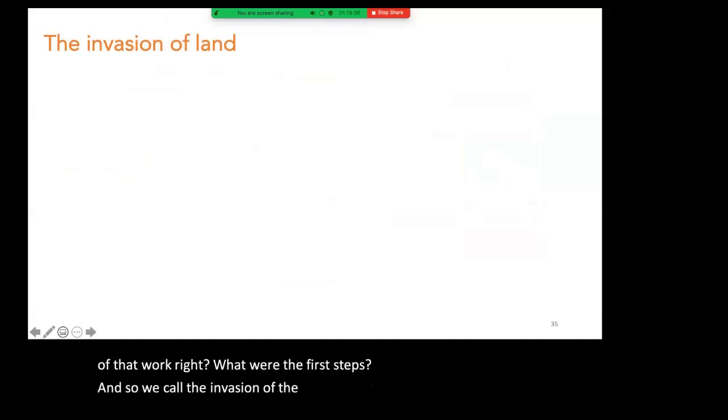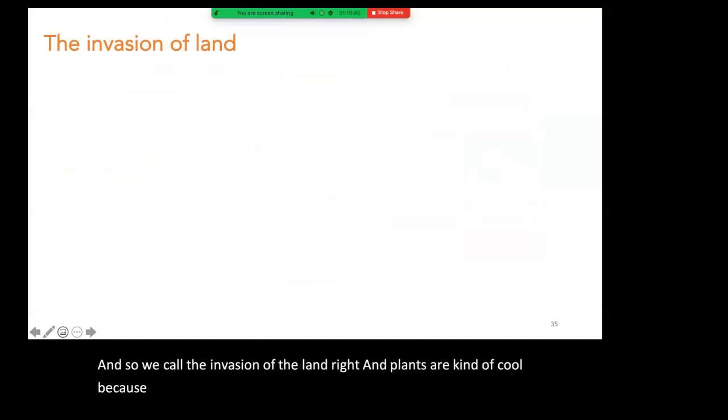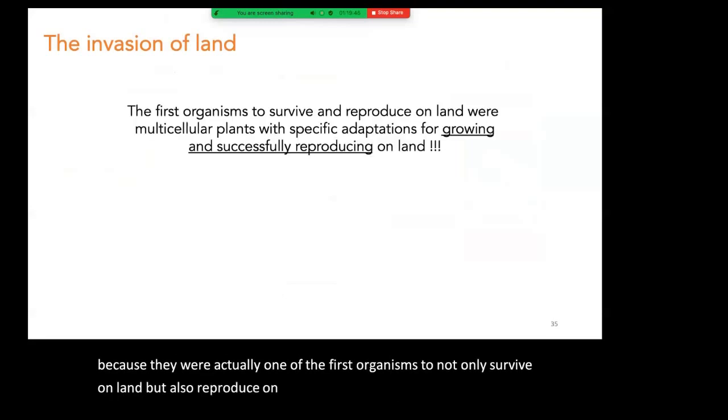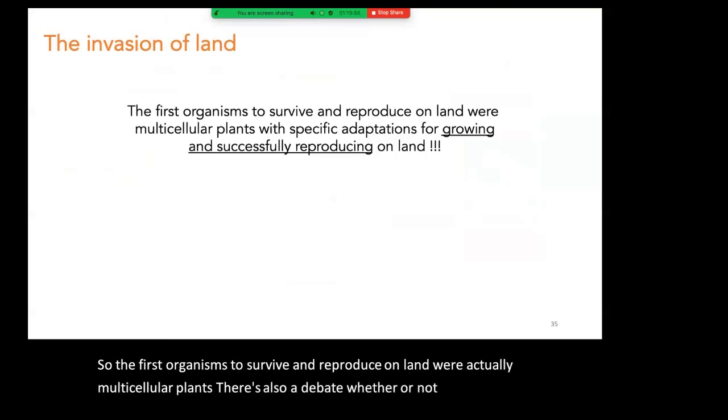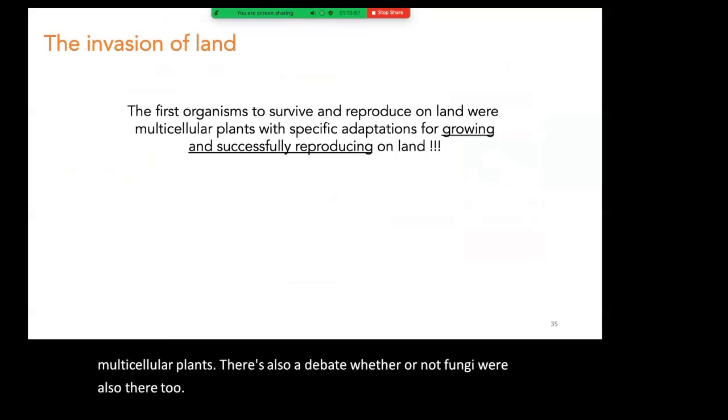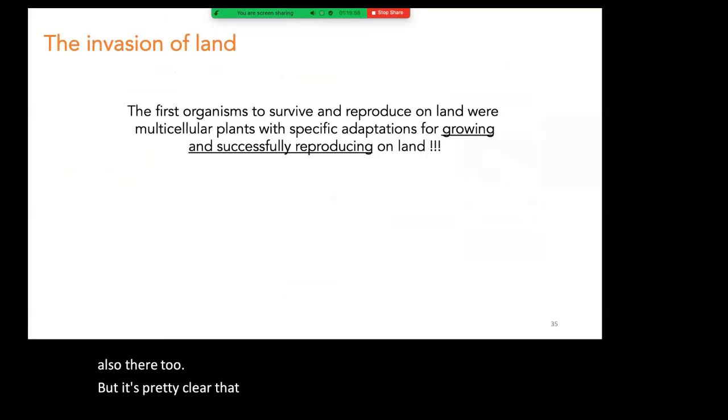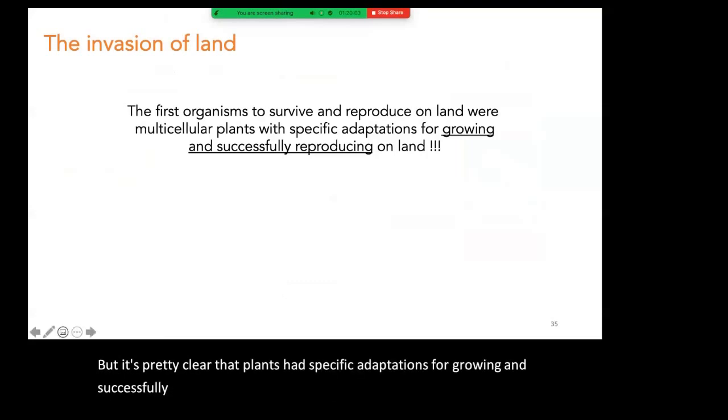And plants are kind of cool because they were actually one of the first organisms to not only survive on land, but also reproduce on land. So the first organisms to survive and reproduce on land were actually multicellular plants. There's also a debate whether or not fungi were there too. But it's pretty clear that plants had specific adaptations for growing and successfully reproducing on land, right?